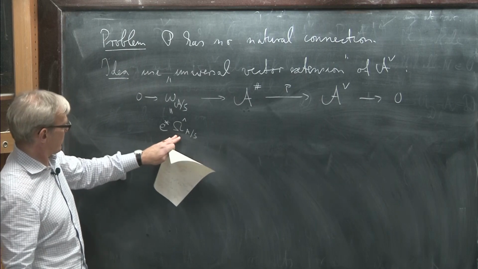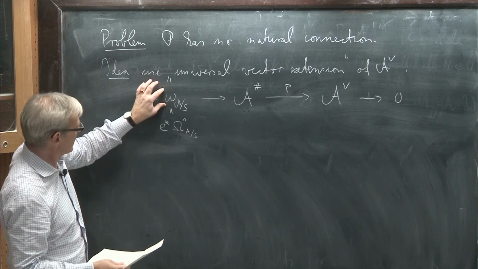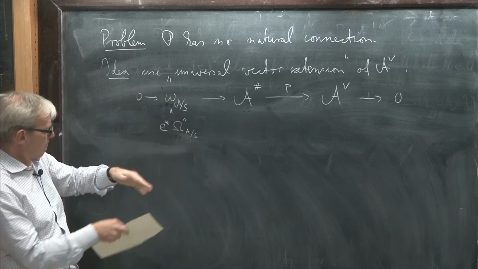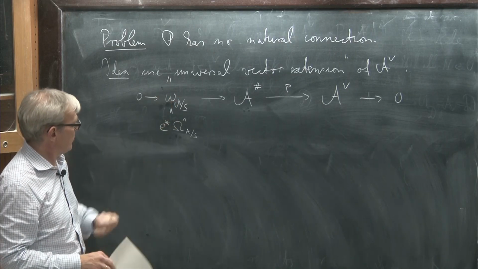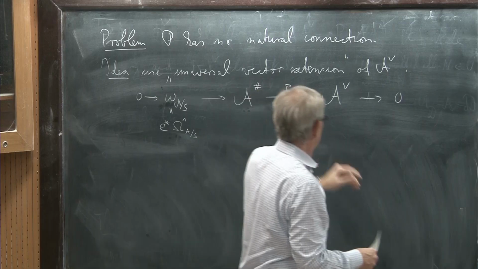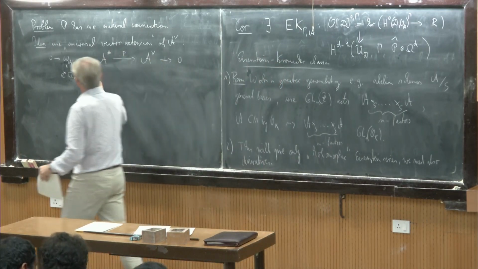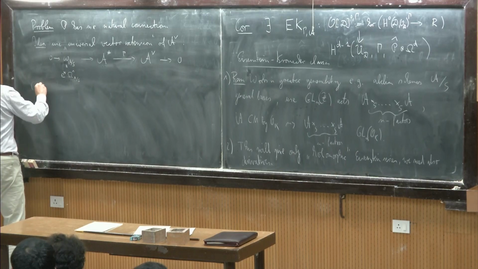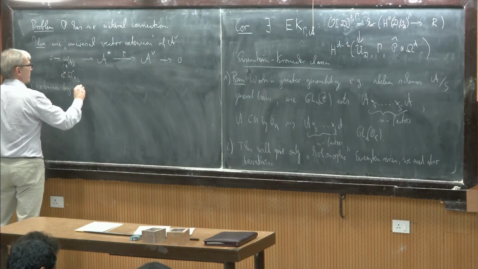So that's somehow the dual of the Lie algebra, if you like, of A over S. This is just a vector bundle, and this vector bundle I consider as a group scheme, and that's the sequence. So this is an extension by the vector group.